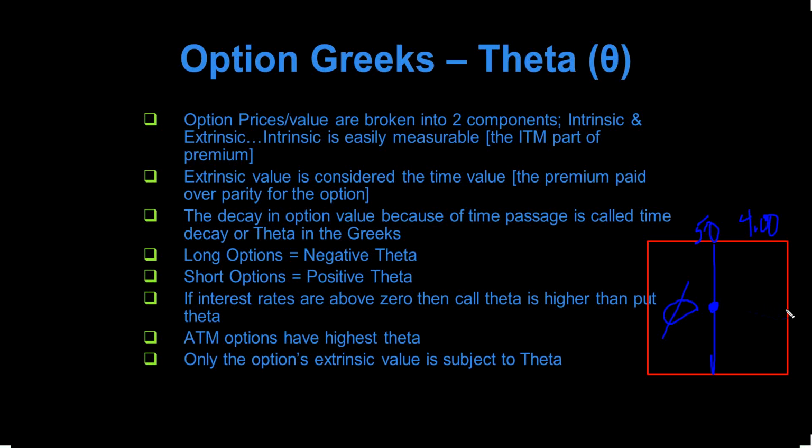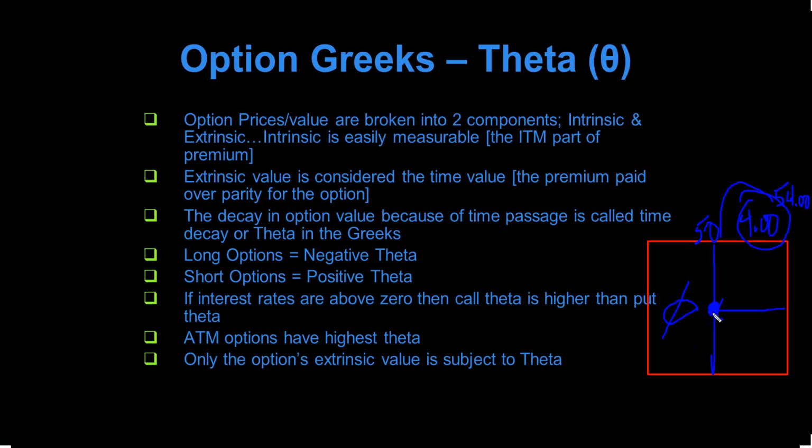It's all sitting right here. That's all going to waste away to zero unless that stock moves up a minimum to $54 a share. If it moves up to $54 a share, then I didn't make any money. I just broke even. I've got to move up above $54 a share to make some money, okay? So the highest extrinsic value is at the money. That's where it's at right there.